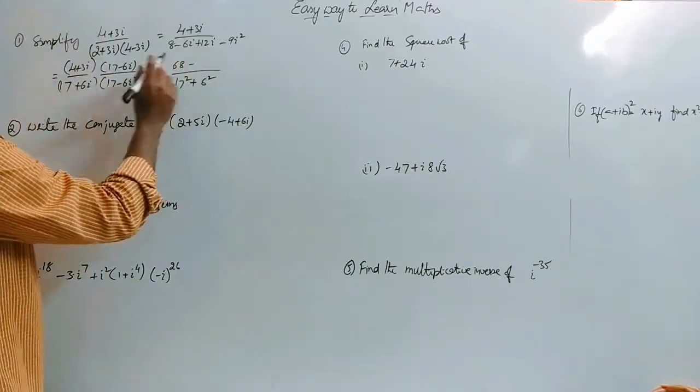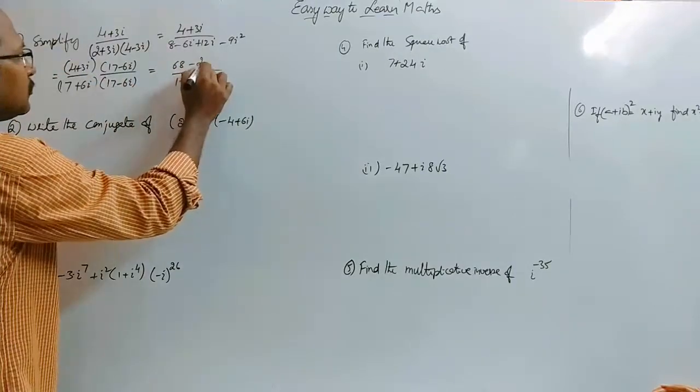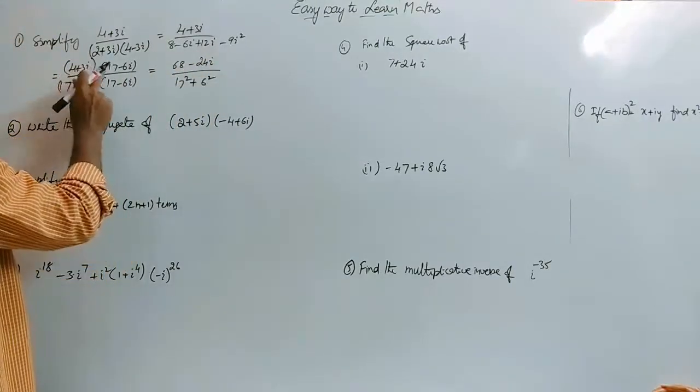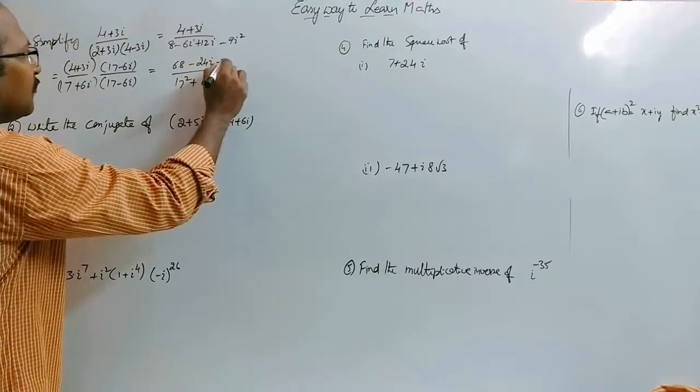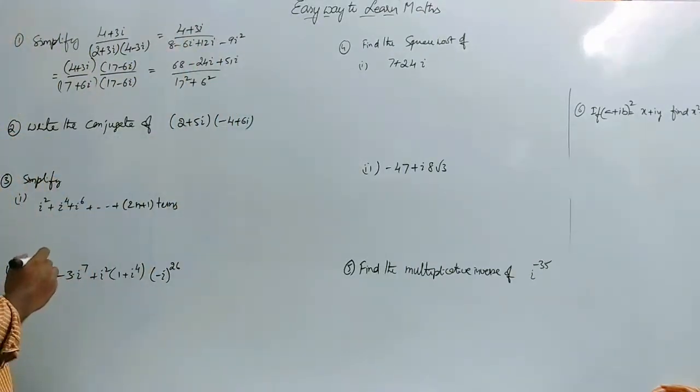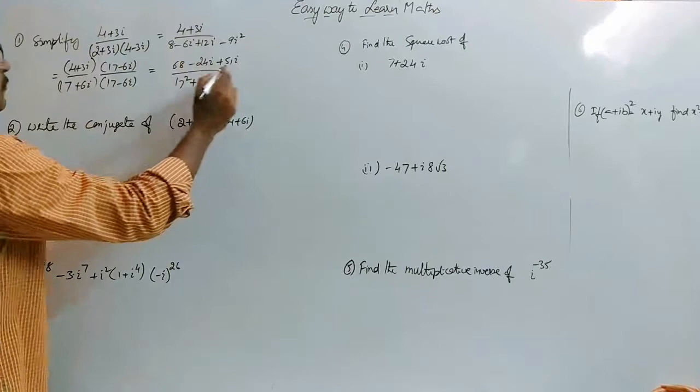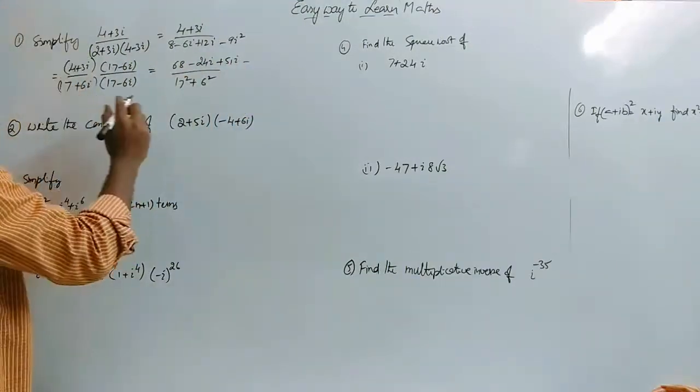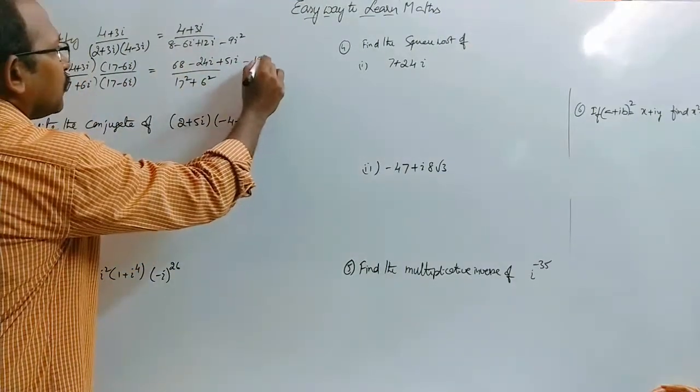and again minus 6 4s are 24i, here 17 3s are 51i, and then the remaining plus into minus, minus 6 3s are 18i square.